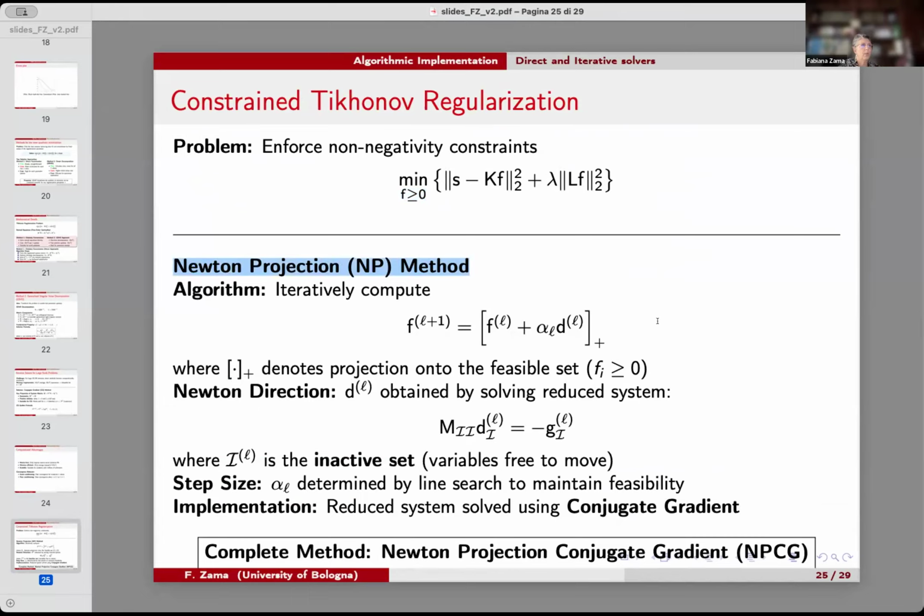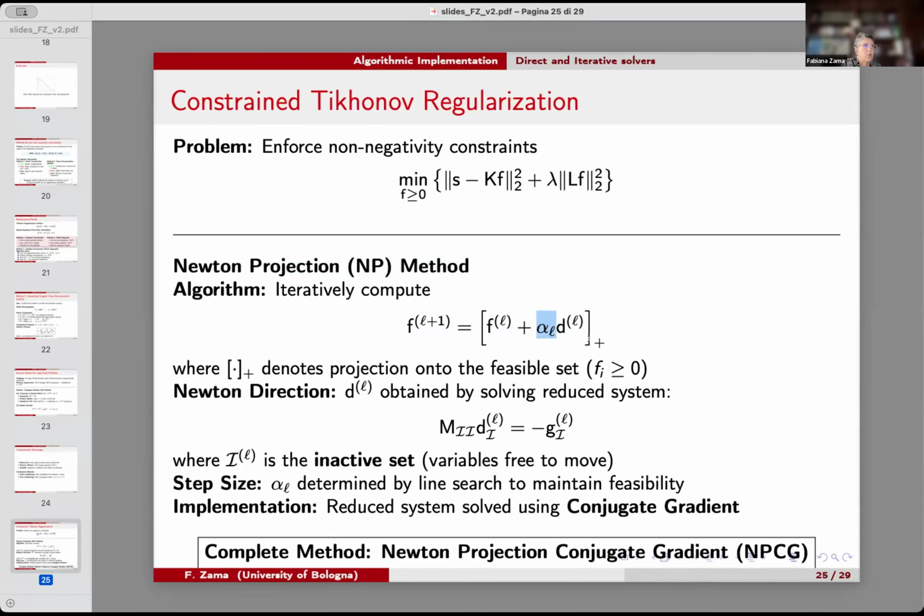The main component of this method is the update of the solution, which is quite similar to what we obtain in the conjugate gradient. So we update f with the iteration L that goes on, and this solution is modified by a direction, the Newton direction, with a step length alpha L, set properly, projected on the positive orthant, because in this setting we have a positivity constraint.